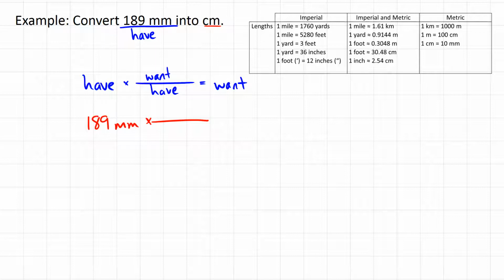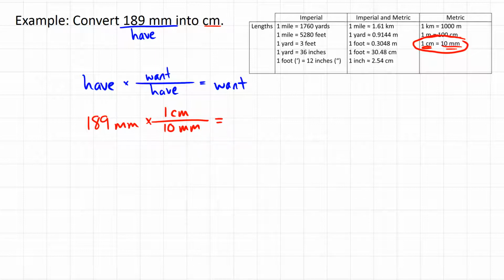So looking at our table, we're looking for the equation that relates centimeters and millimeters, or millimeters and centimeters. And if we look over here on the right, we'll see that we have a relationship between centimeters and millimeters. So what we want are centimeters, so we put that on the top: 1 centimeter, that comes from the left side of the equation, over the units that we have, which is 10 millimeters.